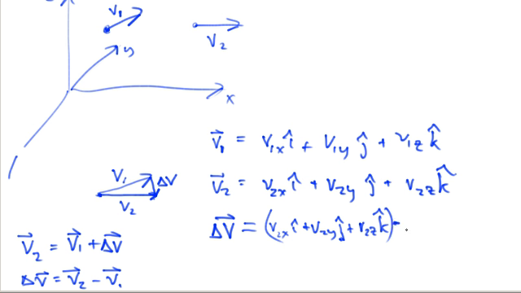And then minus v1x i plus v2, not v1y times j plus v1z times k. K hat, of course.